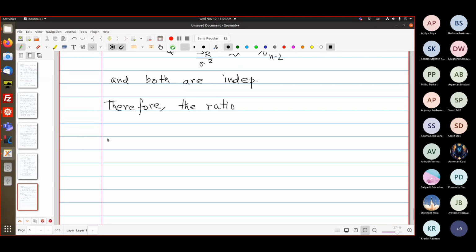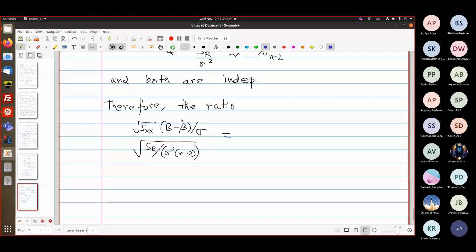So the ratio, which is square root of sxx times b minus beta by sigma divided by the square root of SR by sigma squared times n minus 2, is a t random variable.